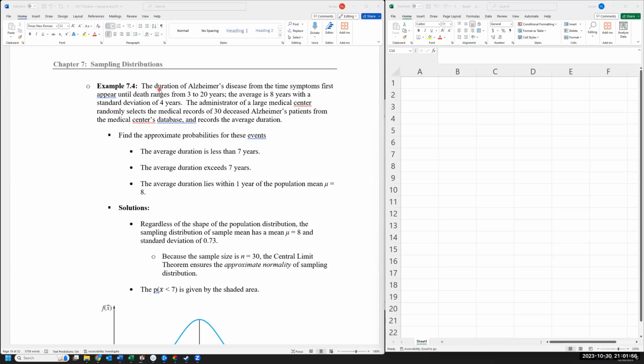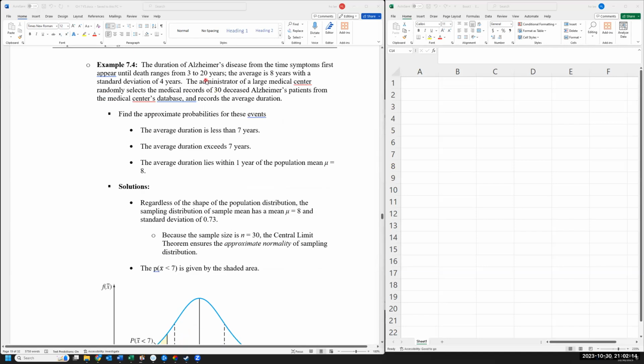Example 7.4. The duration of Alzheimer's disease from the time symptoms first appear until death ranges from 3 to 20 years. The average is about 8 years, with a standard deviation of 4 years. The administrator of a large medical center randomly selects the medical records of 30 deceased Alzheimer's patients from the medical center's database and records the average durations.